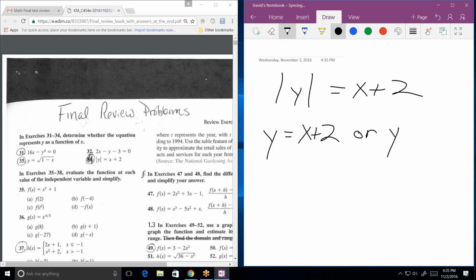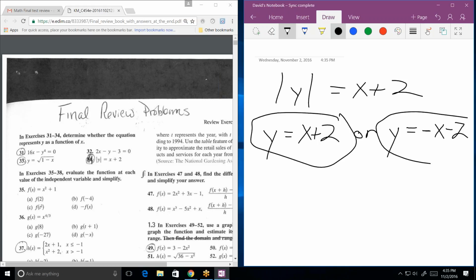Or x minus 2? Well, it's the negative of x plus 2, which is minus x minus 2. And again, we have two different functions. We have this function or we have this function over here. So I cannot say that y is a function of x, at least not by my definition.